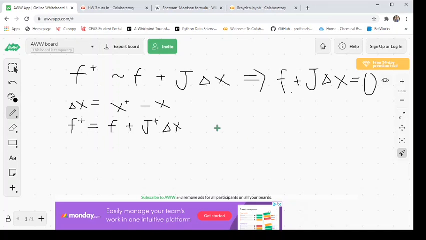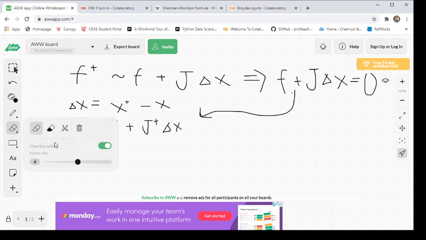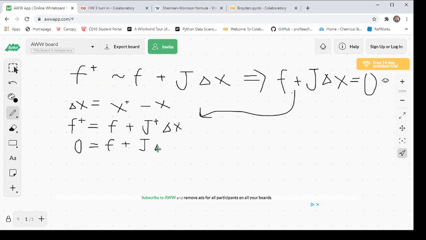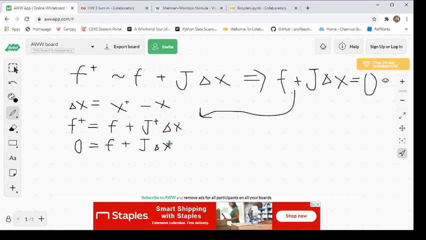Okay, so we have two equations. If we bring this down here, and then if we subtract these two, we get what we would call our change in the Jacobian.